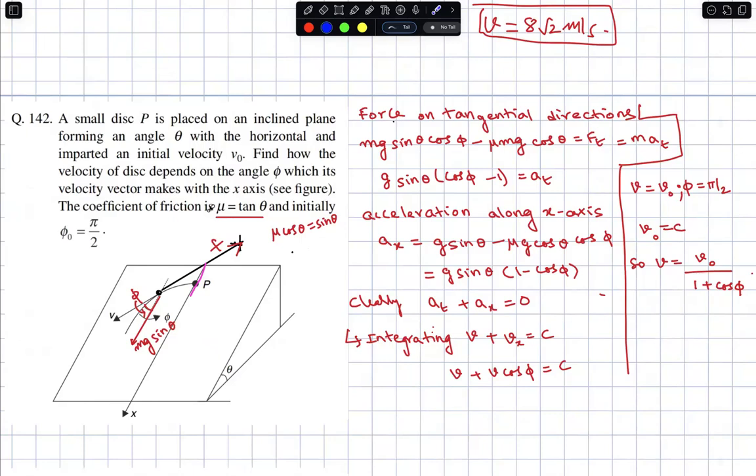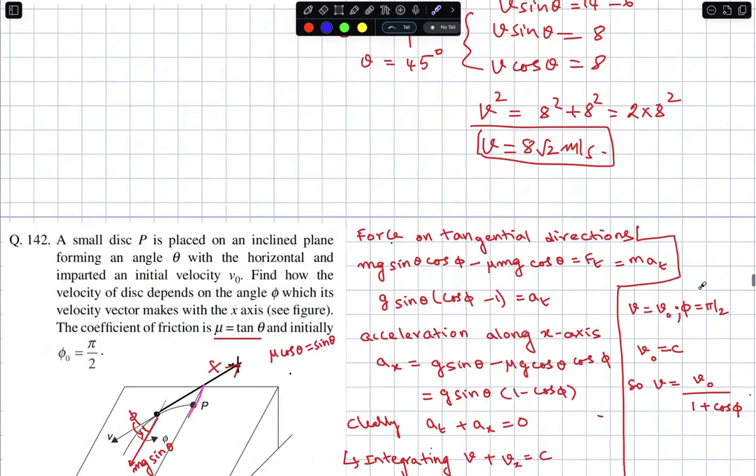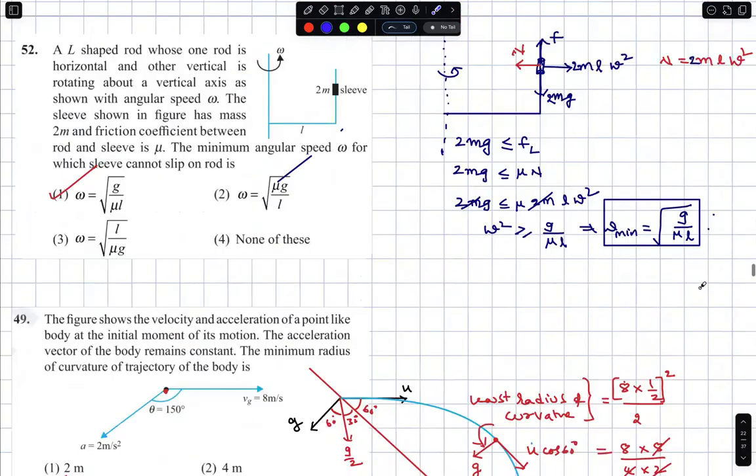You mentioned that in the question. If I use that, Vx becomes 0, V becomes V naught, and C becomes V naught. So now you substitute that: V plus V cos phi is V naught plus 0. So V is V naught by 1 plus cos phi. Very standard question. You're expected to get this. The rest I have solved almost all.